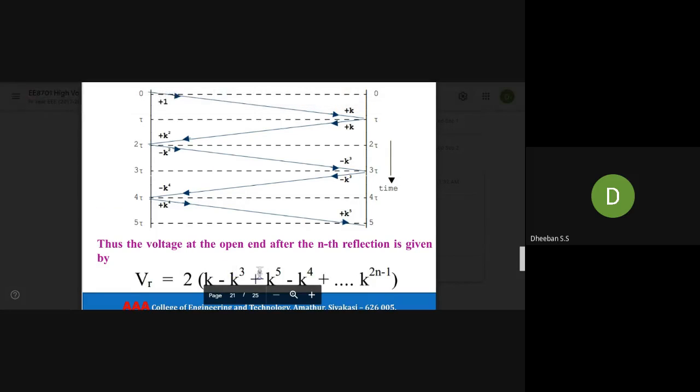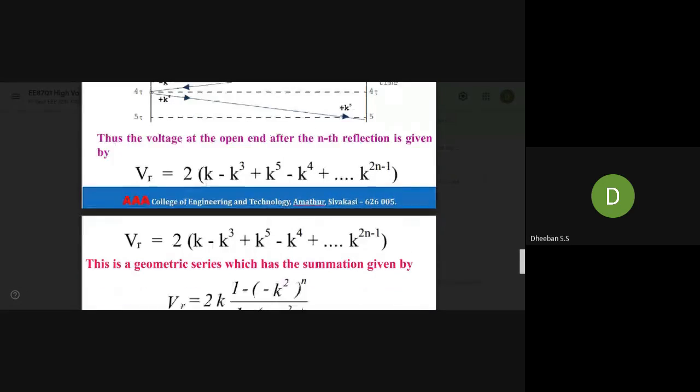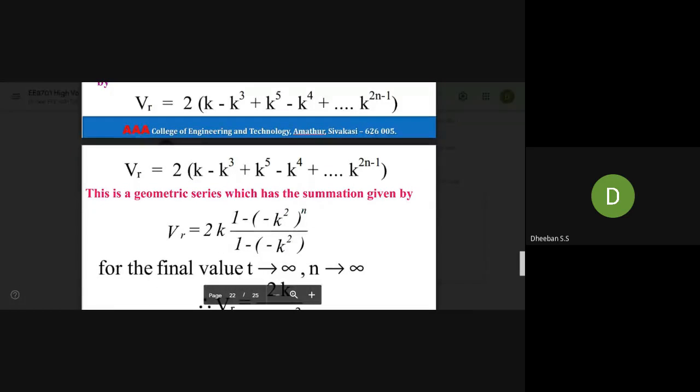You'll get 2 into k minus k cube plus k power 5 minus k power 4, and like this it goes on. This is a geometric series, so you'll apply the formula 1 minus a square the whole power n by 1 minus a.